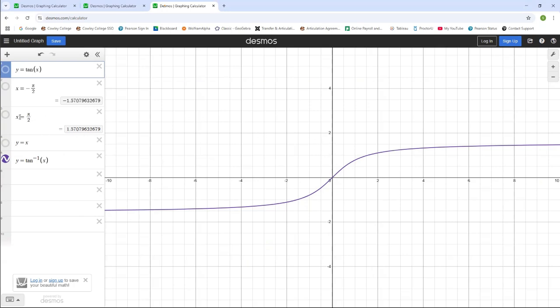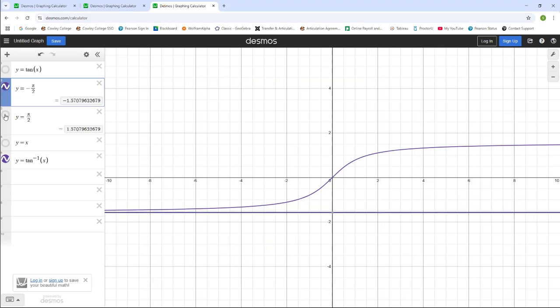So if I make asymptote lines at y, that's going to show us the lower bound of this, the asymptote in the y direction. We're coming down towards negative pi over 2 and reaching up towards pi over 2. Okay, so that's going to be the range of the inverse tangent, negative pi over 2 to pi over 2.